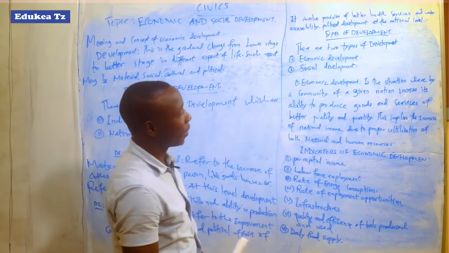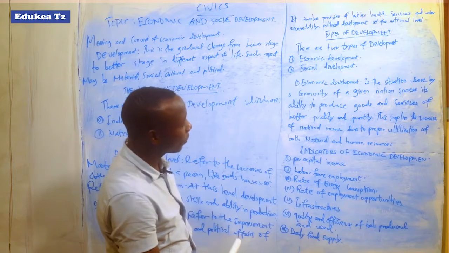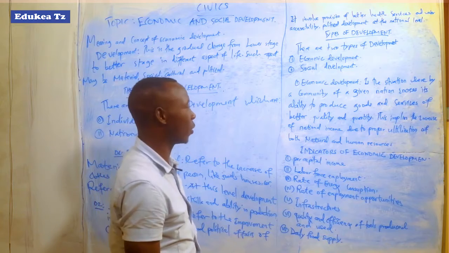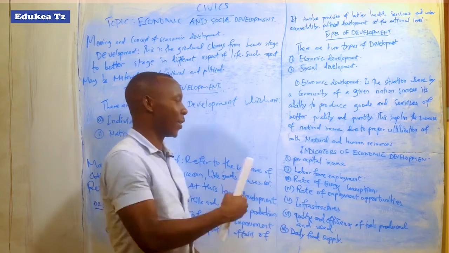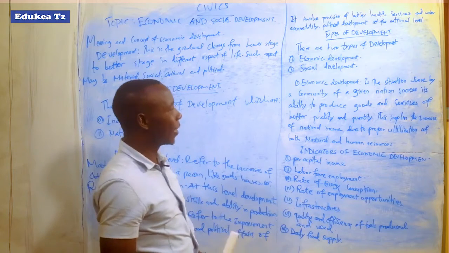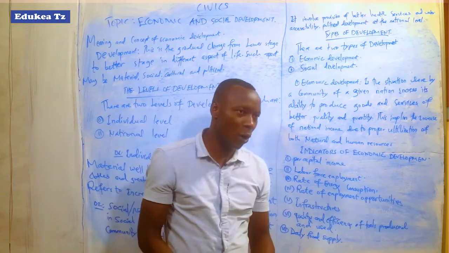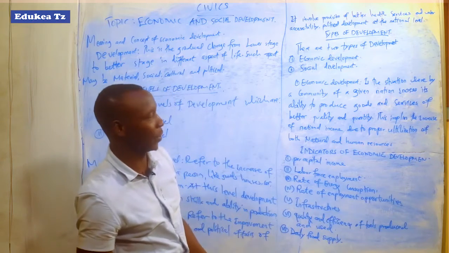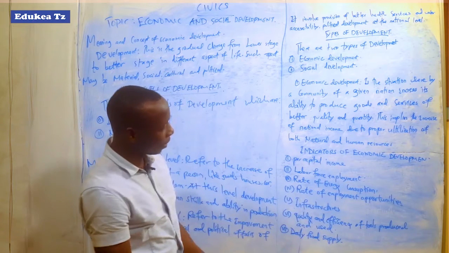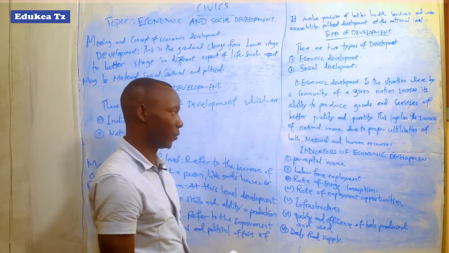By providing goods and services of better quality and quantity, that is economic development. It means the economy of a certain community or country has improved from a lower to a higher stage of development. This implies an increase in national income due to proper utilization of both natural and human resources.